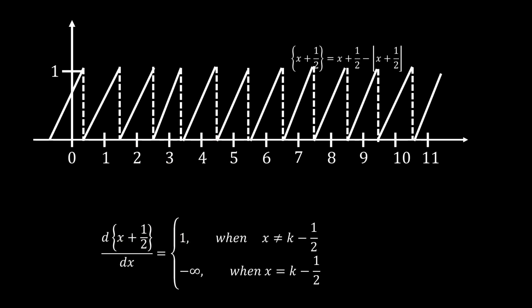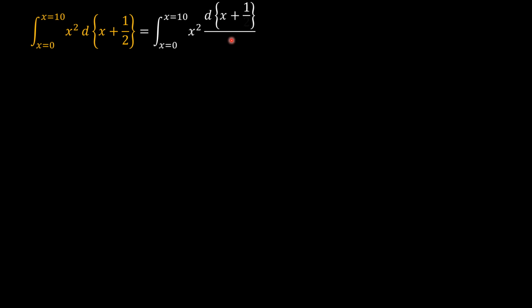So let's see how we can incorporate that. We are going to say this derivative is 1 when x is not equal to k minus a half, where k spans from 1 up to 10. And so we're going to have two separate integrals, from x equals 0 to x equals 10.